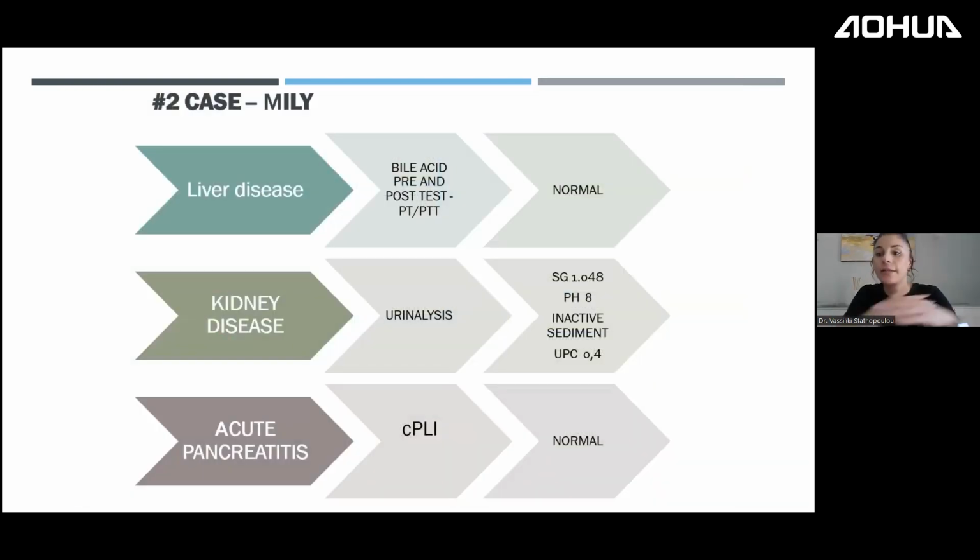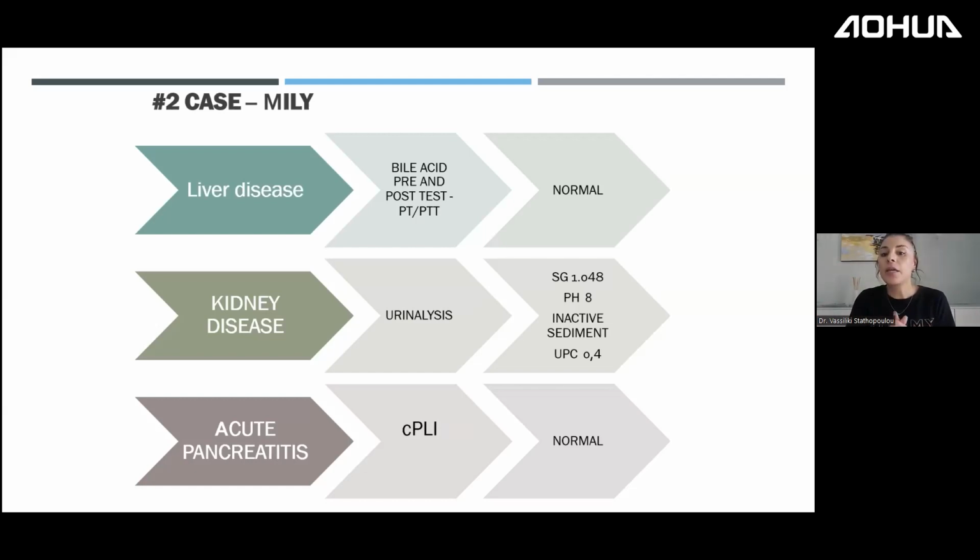Or burns, extensive burns could also cause hypoalbuminemia. So we have to investigate every parameter to exclude any extraintestinal disease, even if we're pretty sure that we're going to find gastric ulceration. We have to.